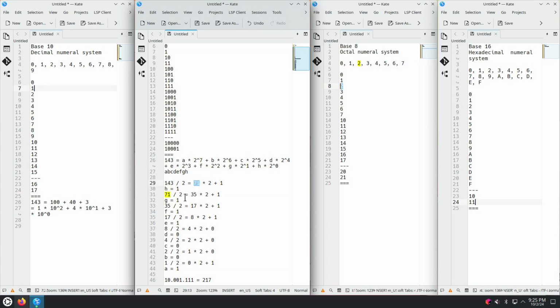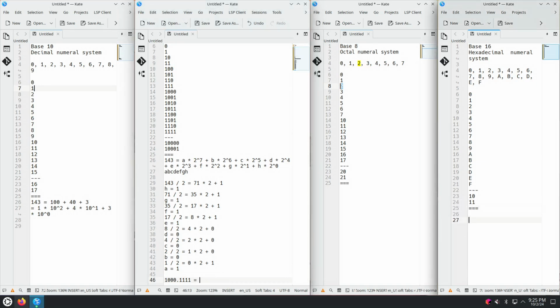What remains you keep dividing. You convert from base 2 to base 8 by splitting the number into 3 digits and then looking at the tables. You convert from base 2 to base 16 by splitting the base 2 number in groups of 4 digits, and then you look at the table. You convert from base 16 to base 2 in the inverse way.